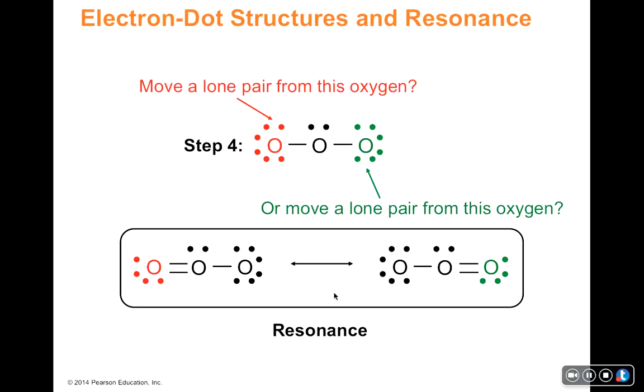The oxygen in the middle has a charge of +1 because it has 1 fewer electron than it should, and the oxygen on the end has a charge of -1 because it has 1 more electron than it should. There is no net charge in this compound, so all of your formal charges should add up to 0, and they do: +1, -1, and the other one was 0.